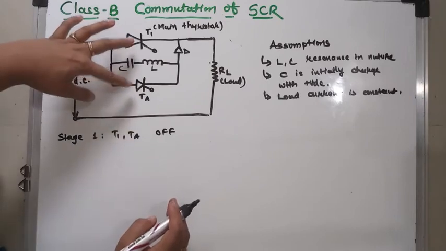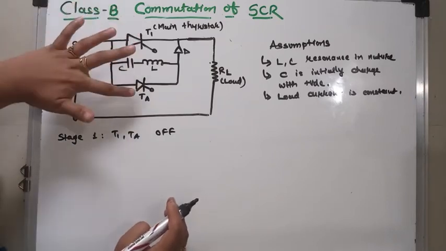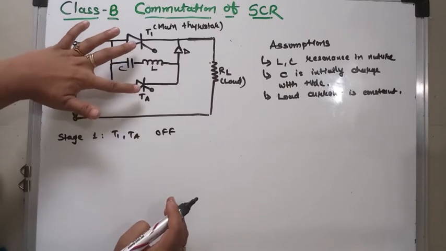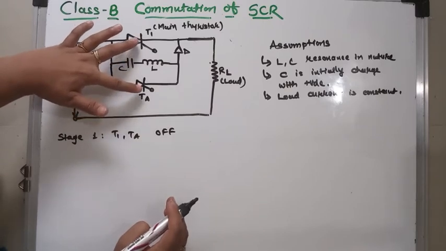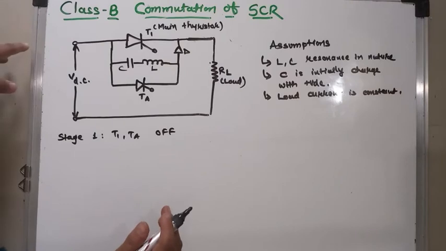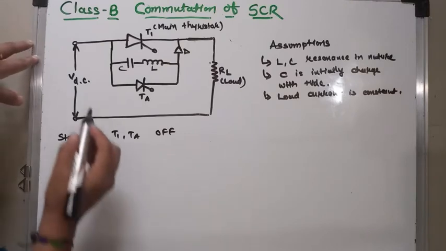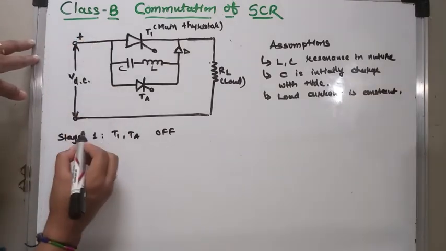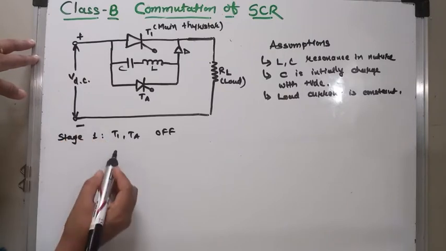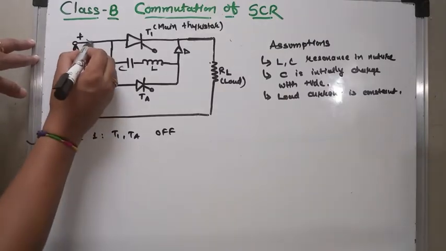When T1 and TA are off, both act as open circuits. Current flows from here positive to here negative.